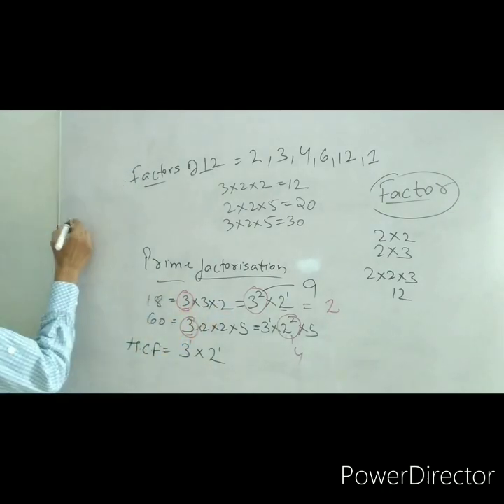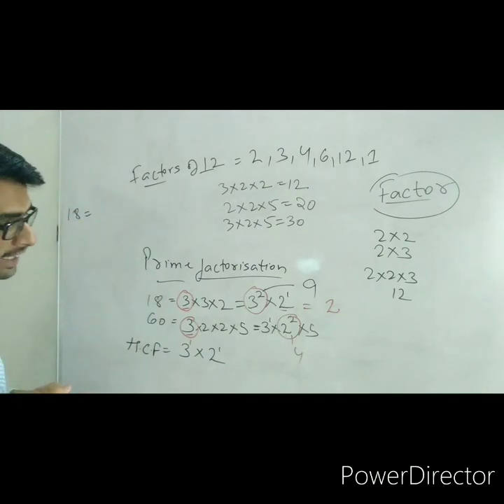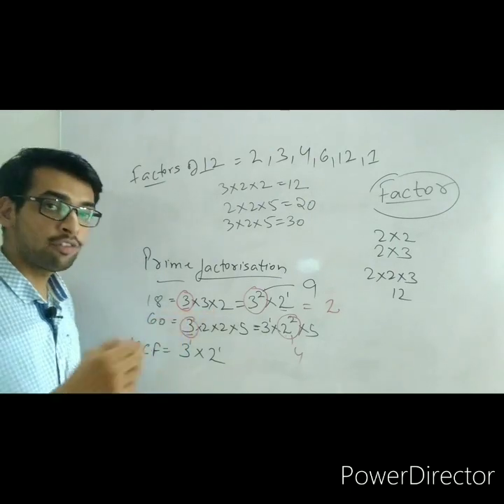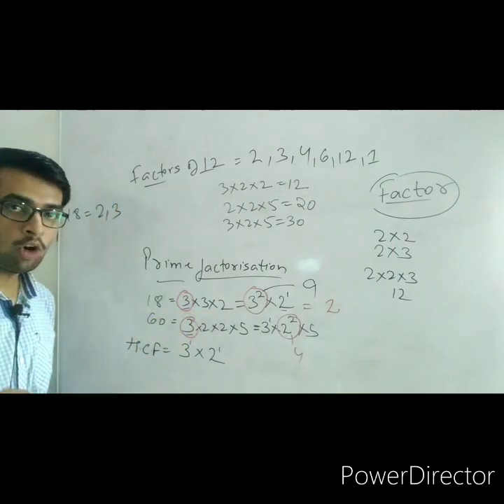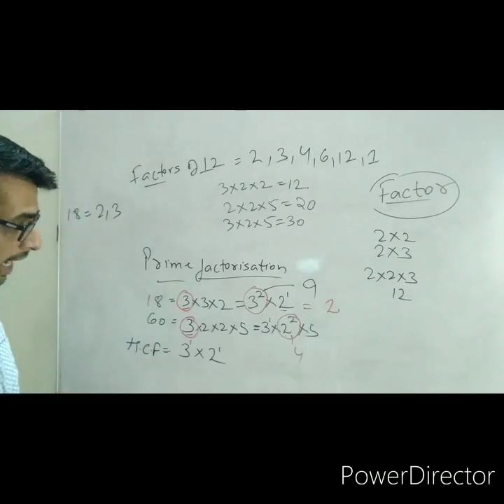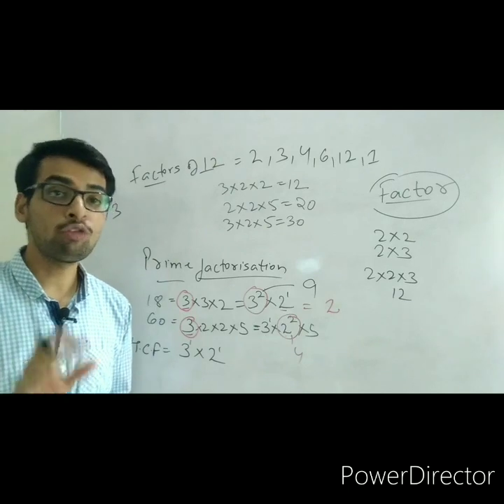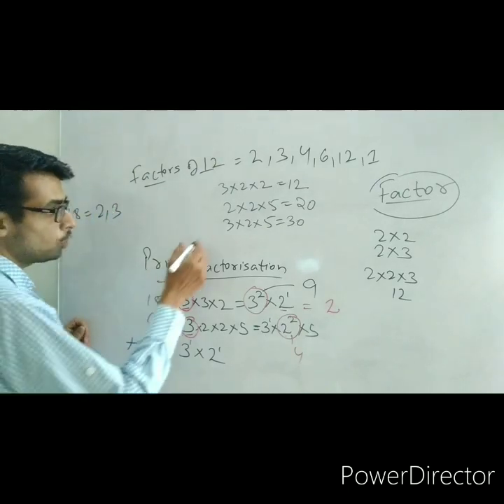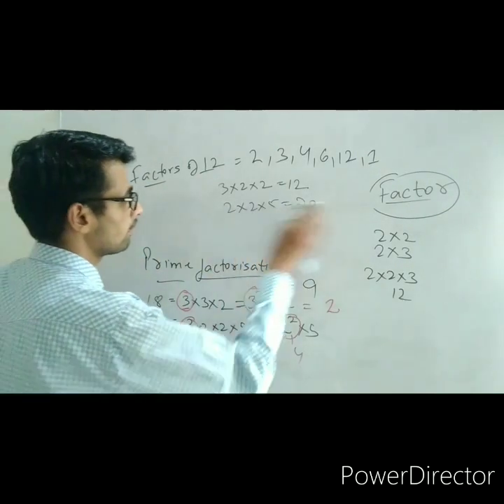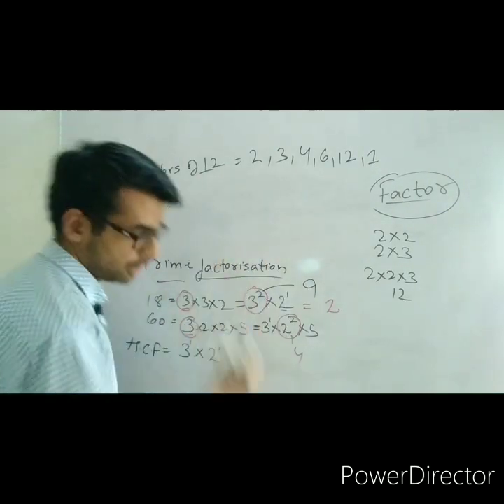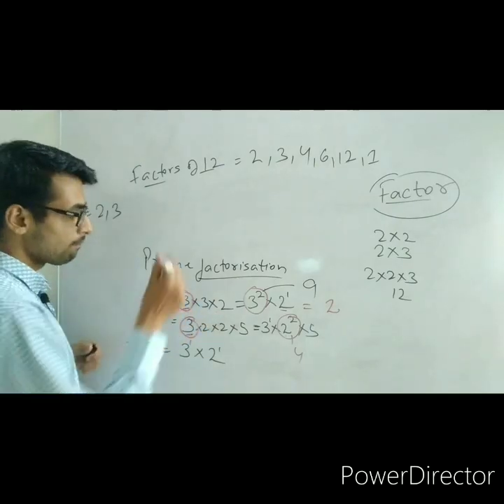Okay, let's find all the factors of 18 by using its factorization. First of all, we write all the different prime numbers, because these are factors as well of 18. Now we have to make different combinations of 2 numbers by using this factorization only.